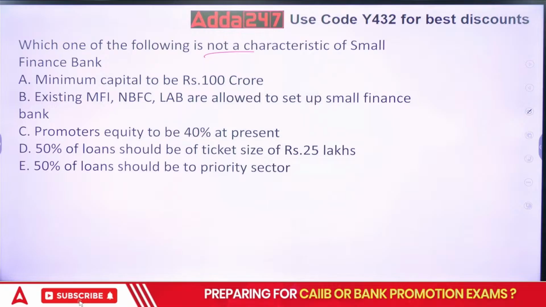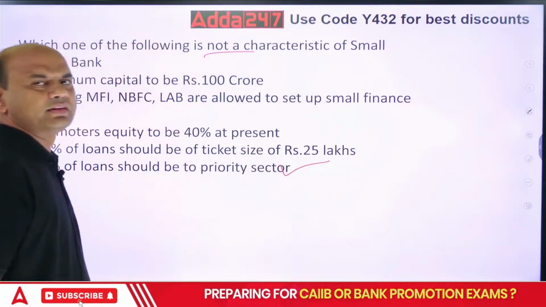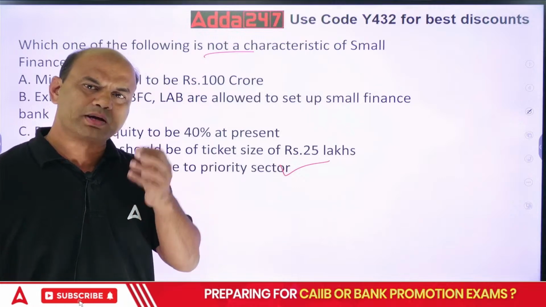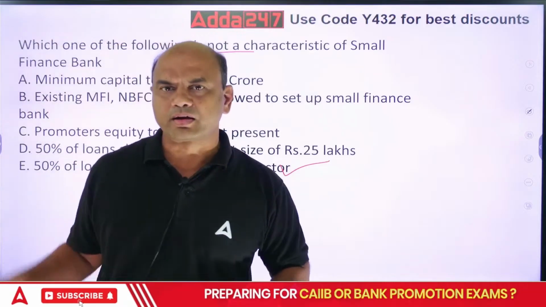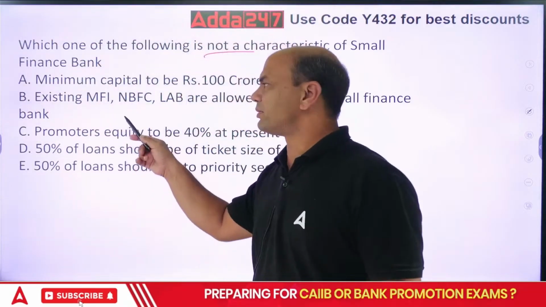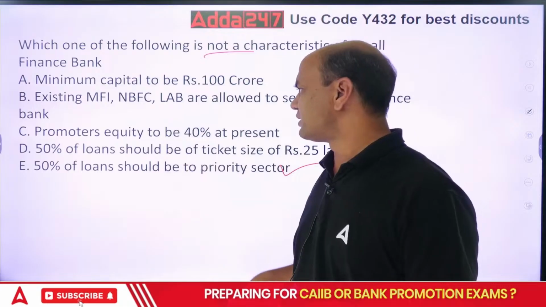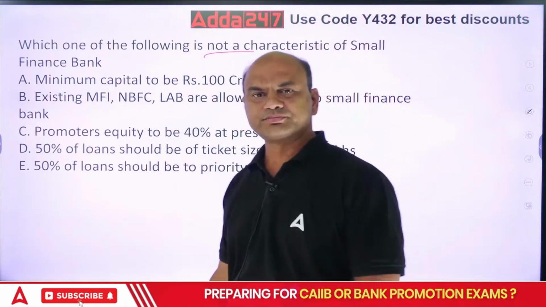The answer is E. 50% of the loans should be to priority sector, not correct. Small finance banks have almost the same rule as that of the cooperative and RRBs. So 50% is not the rule. Remaining all are correct. 100 crores minimum paid up, existing MFI, LAB are allowed to set up small finance banks. Promoter's equity to be 40% and 50% of the loans should be below 25 lakhs. Got it?